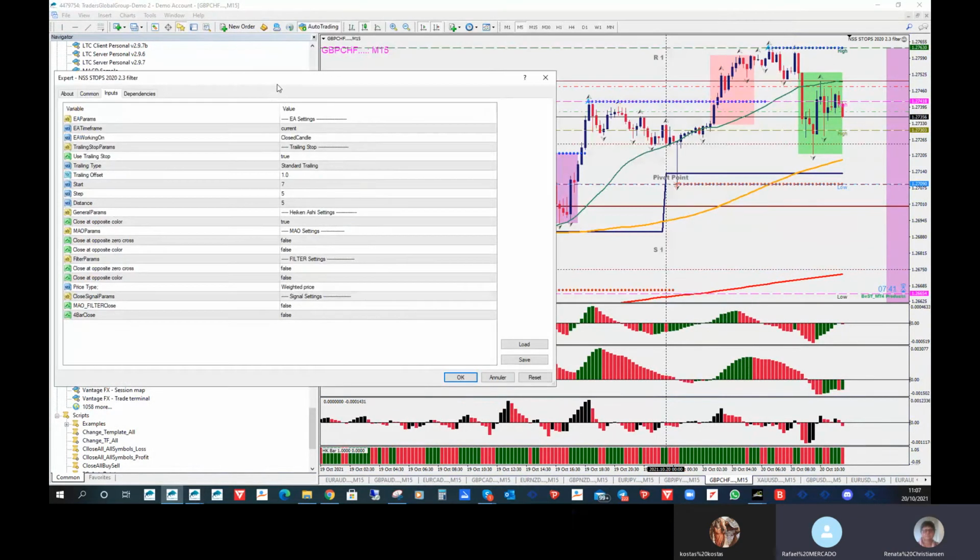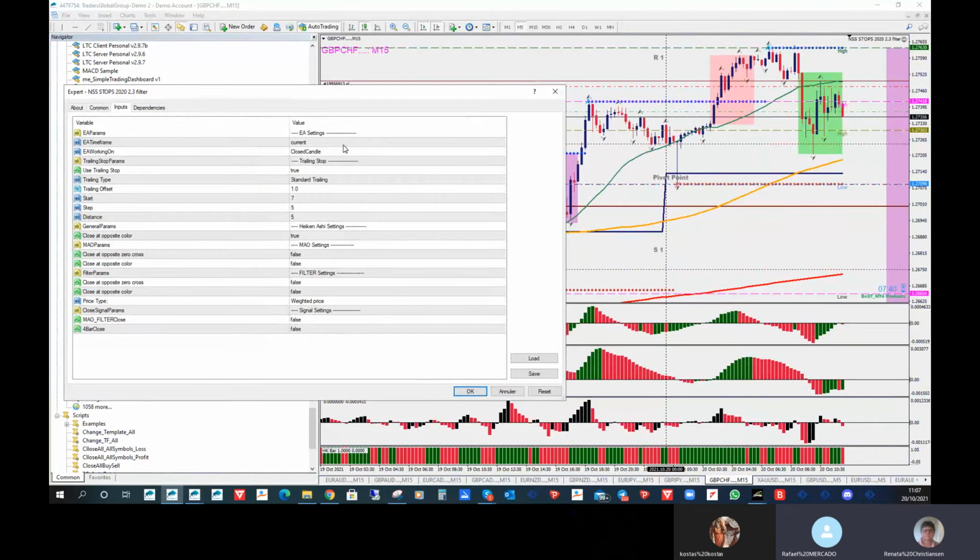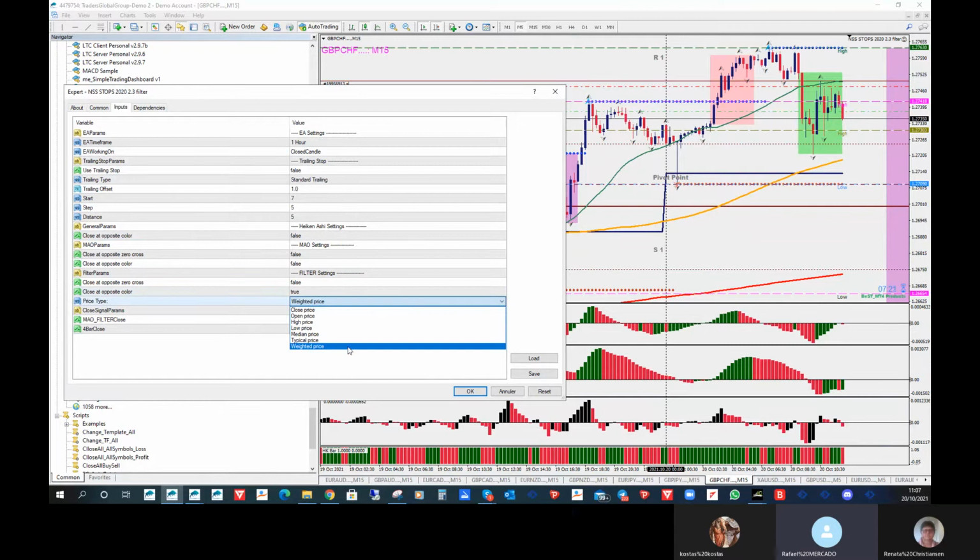And I thought it would be the way to have the two platforms. The current 1 hour, fade, no, false, true, false, and the weight price, yes, weight price.